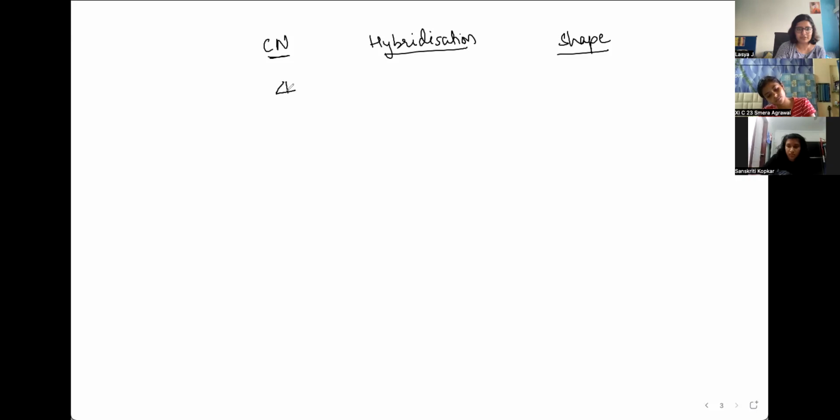For coordination number 4, there are 2 different cases of hybridization possible. You have your regular old sp3, in which case you get a tetrahedral shape. But if you have dsp2 hybridization, you get square planar.